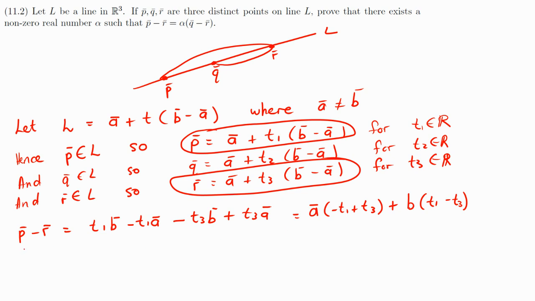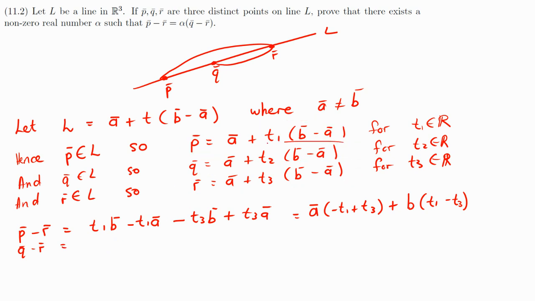And let's go work out what Q minus R is. It's just these two subtracted from each other. So this A minus A cancels out basically. That's why I didn't include the A minus A here at the top. It's just going to be T2B minus T2A minus T3B plus T3A.